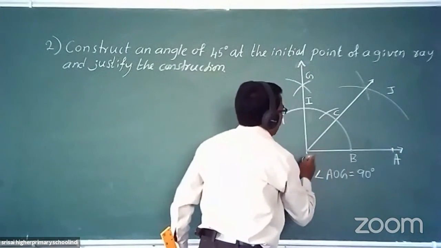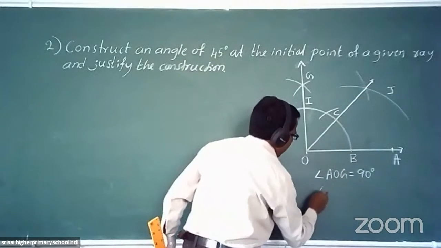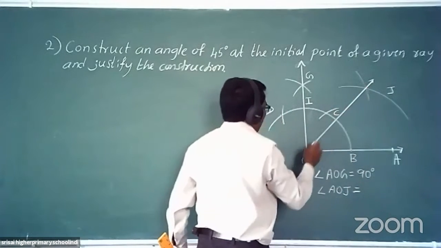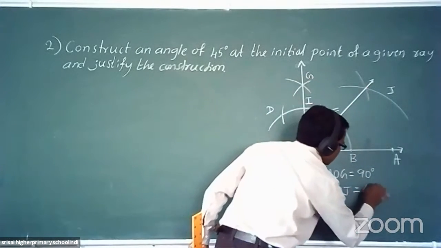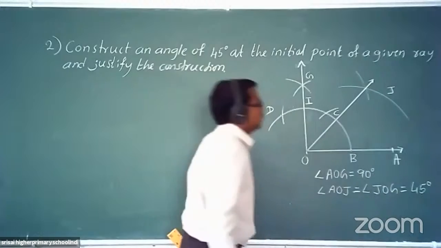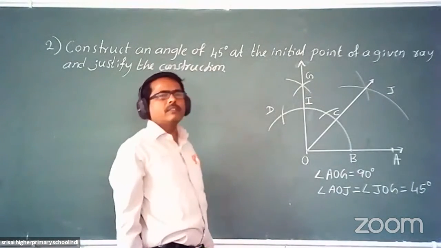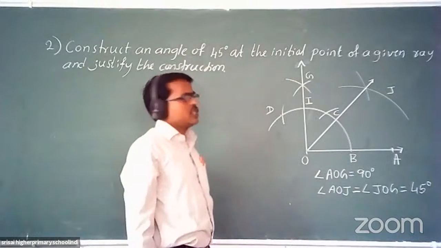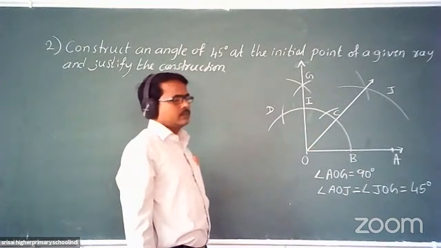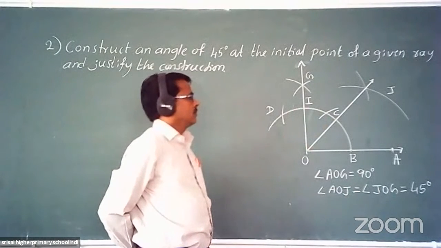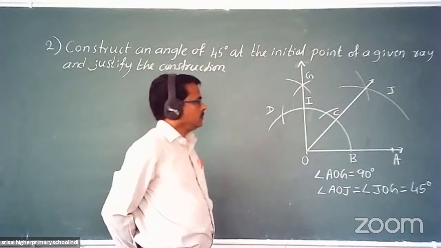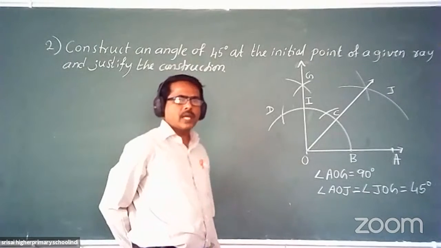Then angle AOJ and angle JOZ are equal to 45. Both became 45, 45. How did they become 45? We should write the justification. Okay, this much you construct, all of it.